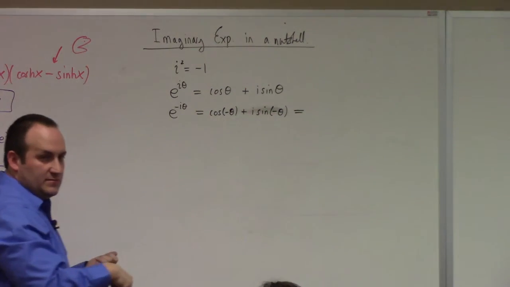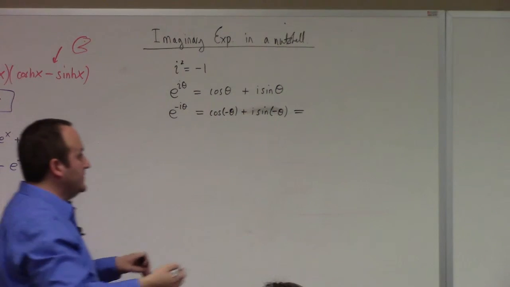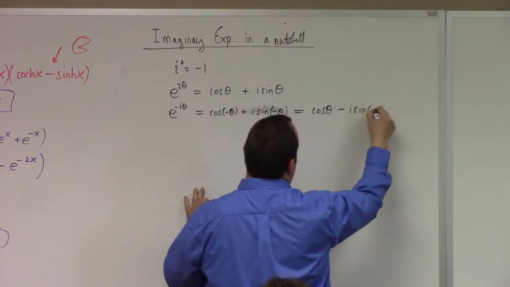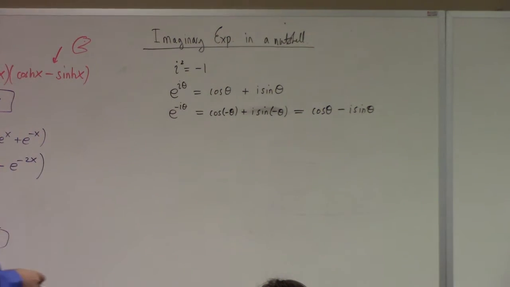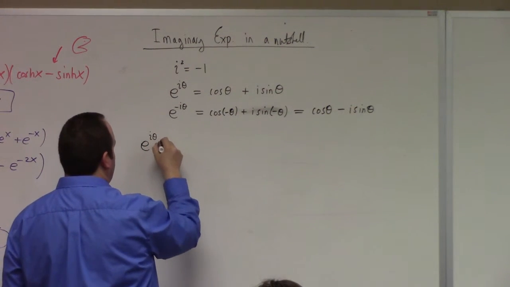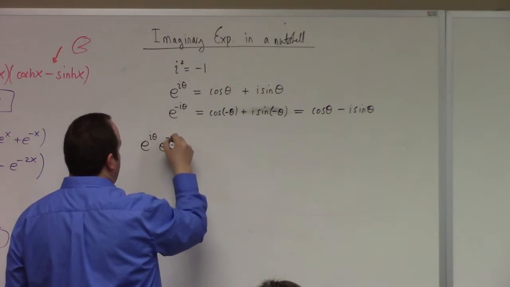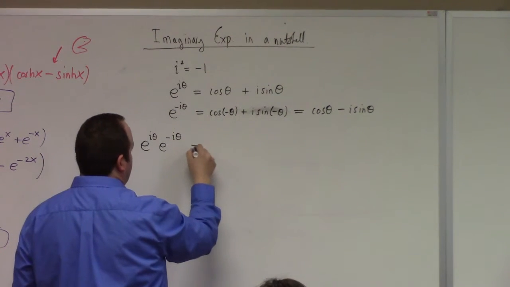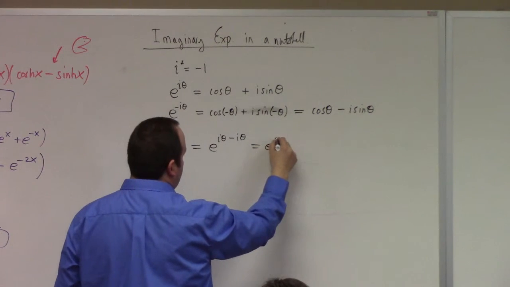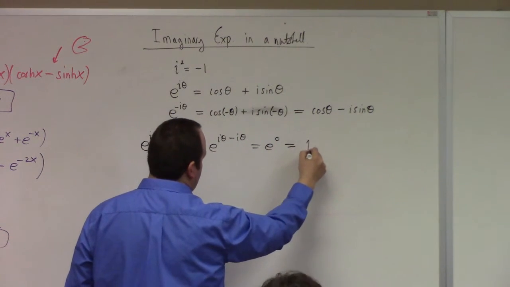But cosine's even and sine is odd, so I get cos θ minus i times sin θ. Now, you'll have to trust me that imaginary exponentials obey the usual laws of algebra. So e^(iθ) times e^(−iθ) is e^(iθ − iθ), which is e^0, which is 1.